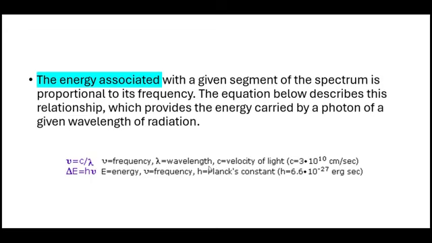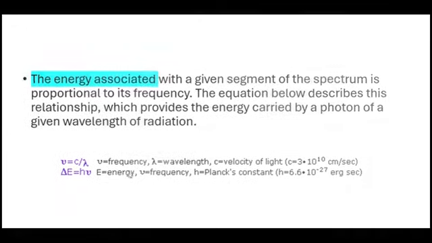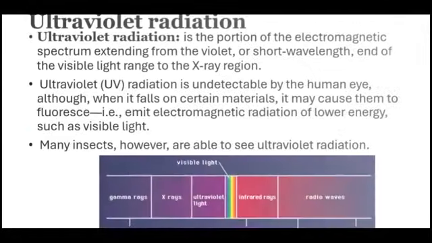So, v represents the frequency, lambda represents the wavelength, and c represents the velocity of light. Energy equals Planck's constant multiplied by frequency.